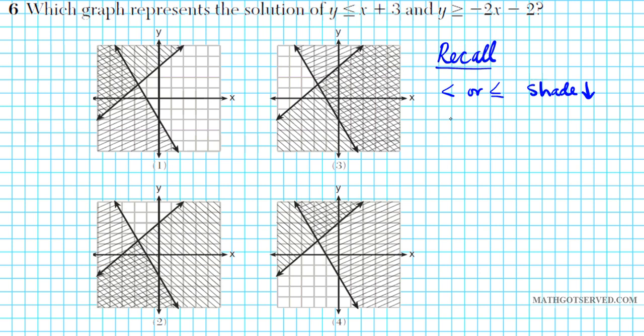If you have a greater than or equal to linear inequality, you shade in the upward direction. Let's keep these points in mind.